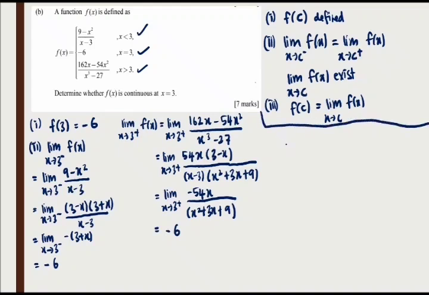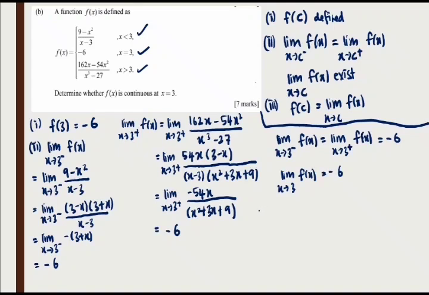Now we already have, for the second condition, the limit of x approaching 3 from the left of f(x) is equal to the limit of x approaching 3 from the right of f(x), which is equal to negative 6. Then we can say that the limit of x approaching 3 of f(x) is equal to negative 6.